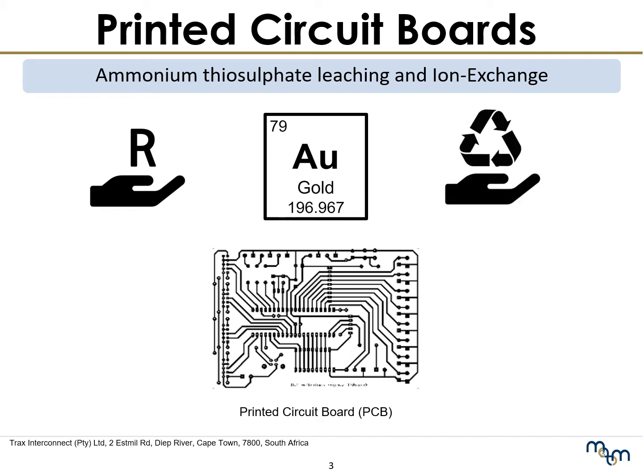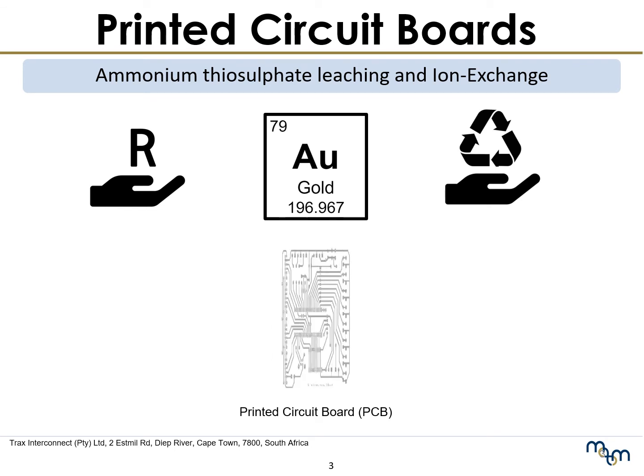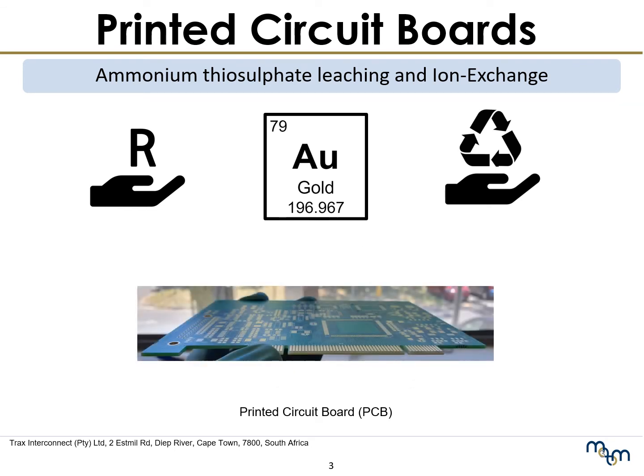A review of the typical structure of the standardized PCB indicated that all gold is found on the surface or the vias of the board and on the soldered contacts. Thus, for the purposes of this project, extensive mechanical pre-treatment of the board to expose the gold metal to solution was not required.